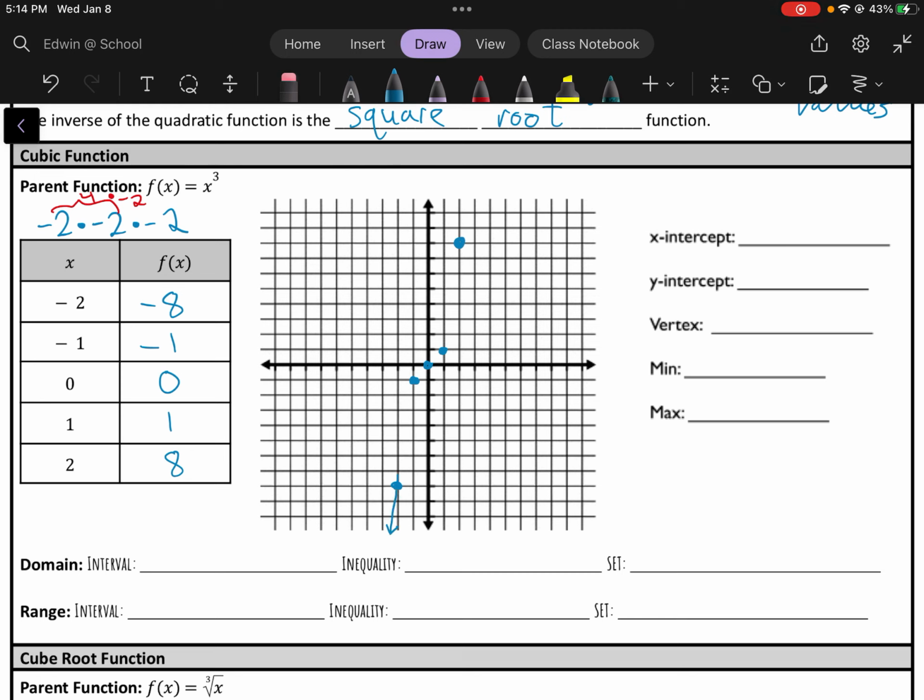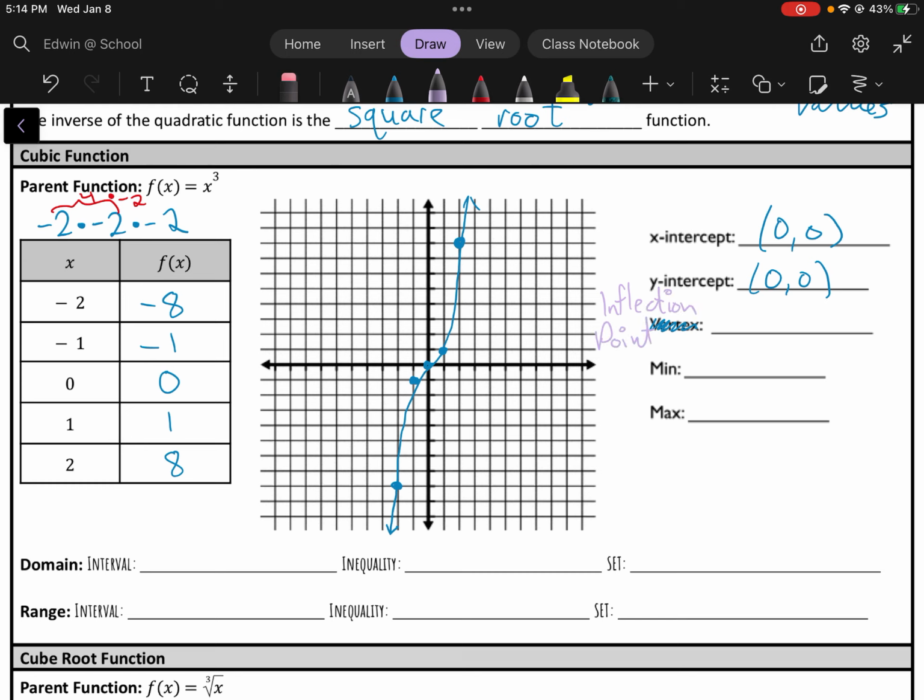So it might be kind of confusing to see what exactly is going on, but we're going to get something like this. So x-intercept, we got 0, 0. Y-intercept, we got 0, 0. Vertex, I don't like the word vertex because usually we use it in terms of minimums or maximums.